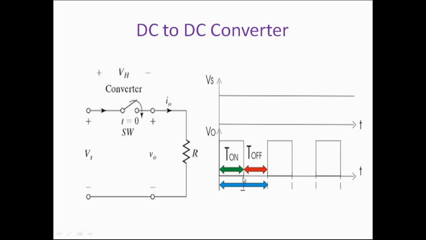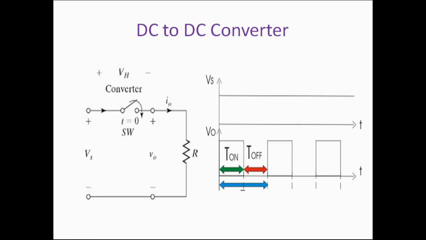Assume that it is 5 milliseconds. 0 to 5 milliseconds it is 10. 5 to 10 milliseconds 0. 10 to 15 it is 10. 15 to 20 milliseconds the instantaneous value is 0. If you consider that T on is 10 milliseconds, T off is 10 milliseconds.